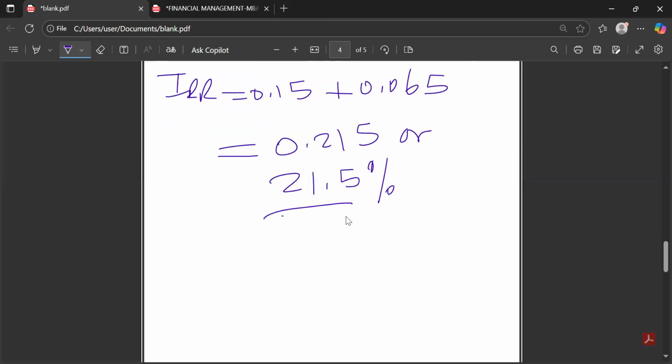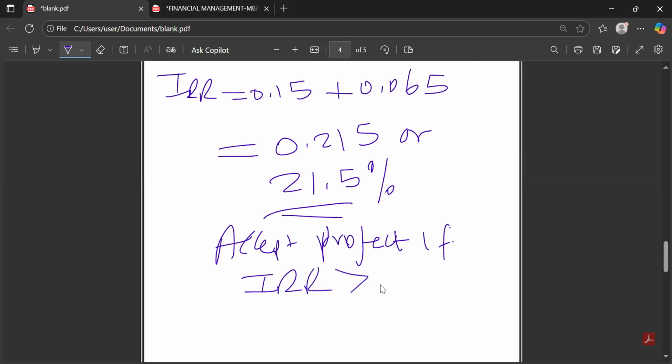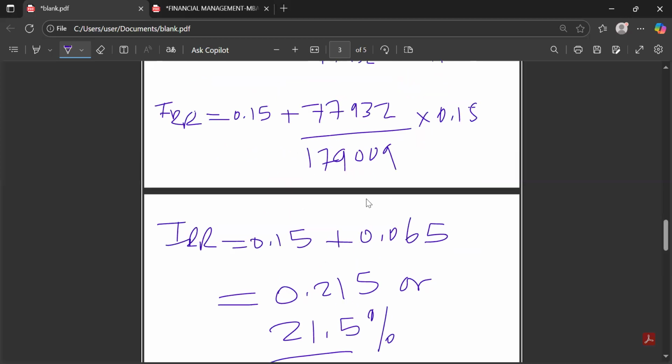So accept the project if the internal rate of return is greater than the cost of capital.